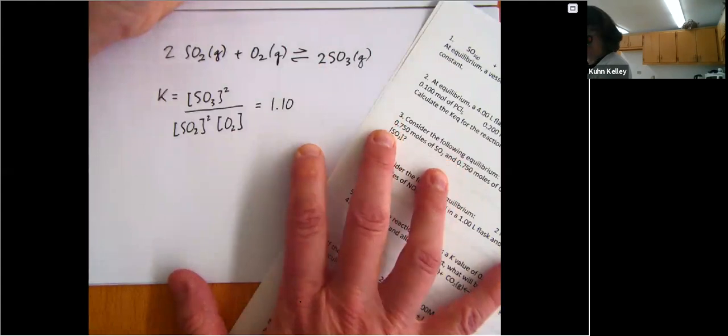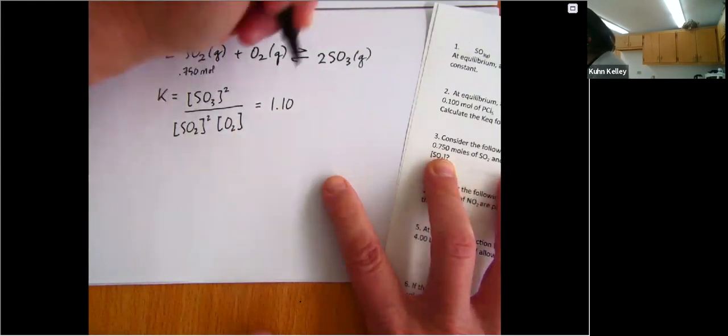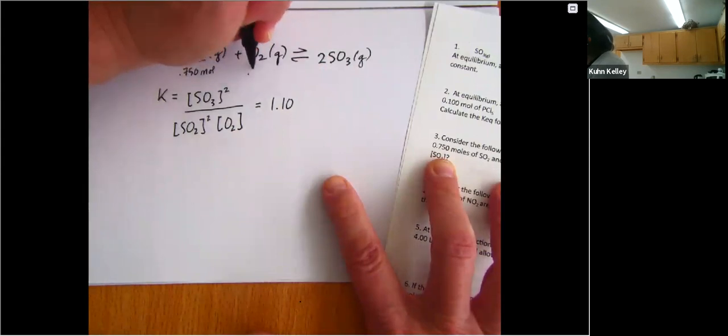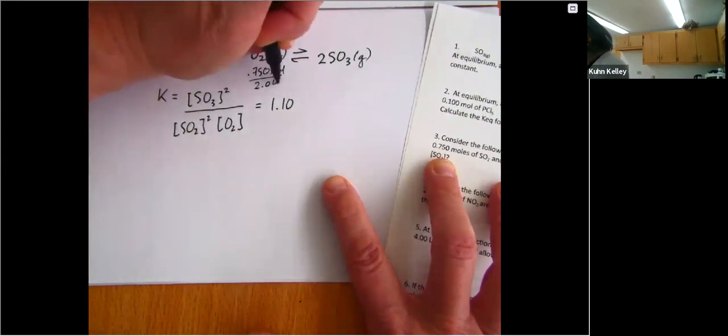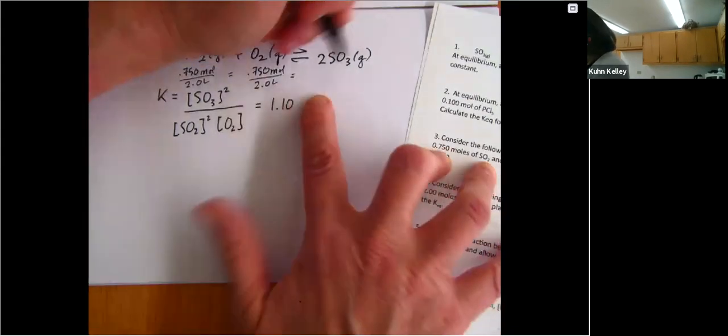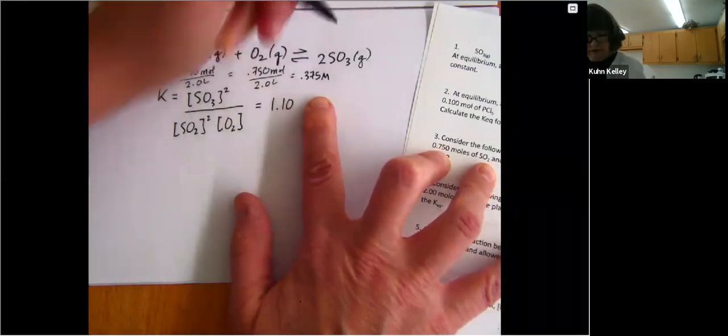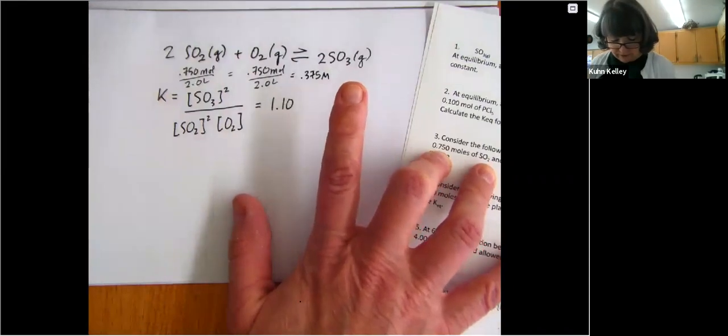So we are told that we have 0.750 moles of SO2 and 0.750 moles of oxygen. And they're in a 2-liter container. So that we know that these are going to be equal to 0.375 molar. I believe that's 0.750 divided by 2.